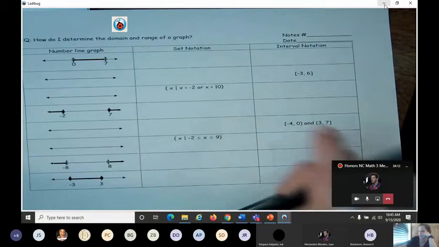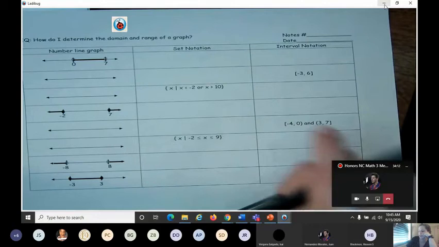If I have a circle like this, it's closed. That means we do include the value. When we have the open circle, we're going to use round parentheses. When we have the closed circle, we're going to use square brackets, depending on which end we're on.